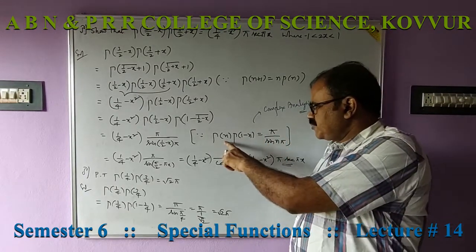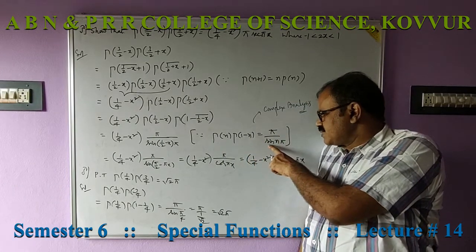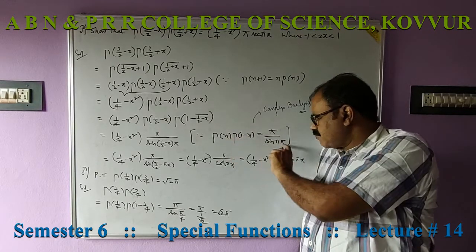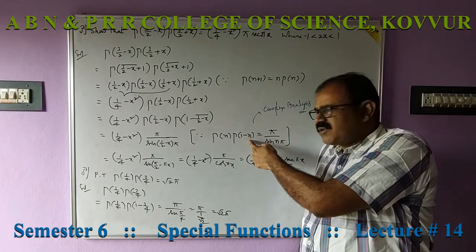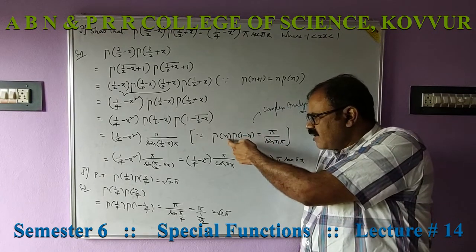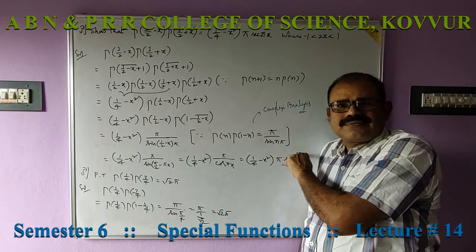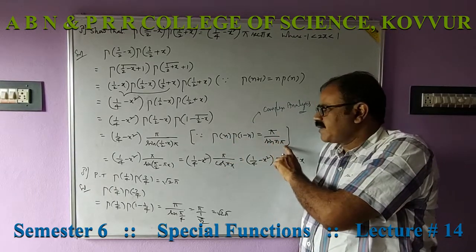So gamma n into gamma 1 minus n is always pi by sine n pi. If you have m here, gamma m into gamma 1 minus m is pi by sine m pi. If this is L, gamma L into gamma 1 minus L is pi by sine L pi. So likewise, here you have pi by sine n pi.